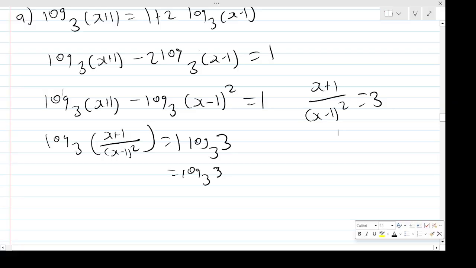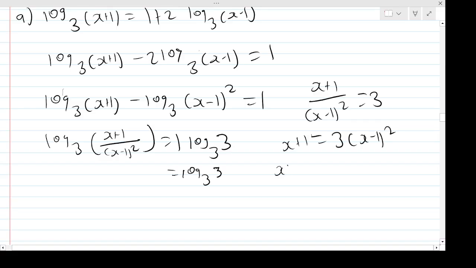So at that point, I can cross multiply, so x plus 1 is 3 lots of x minus 1 squared. But then I need to expand it, right? So x plus 1 is going to be 3 lots of x minus 1 squared, which is x minus 1 times x minus 1. You should be able to expand that to get x squared minus 2x add 1.